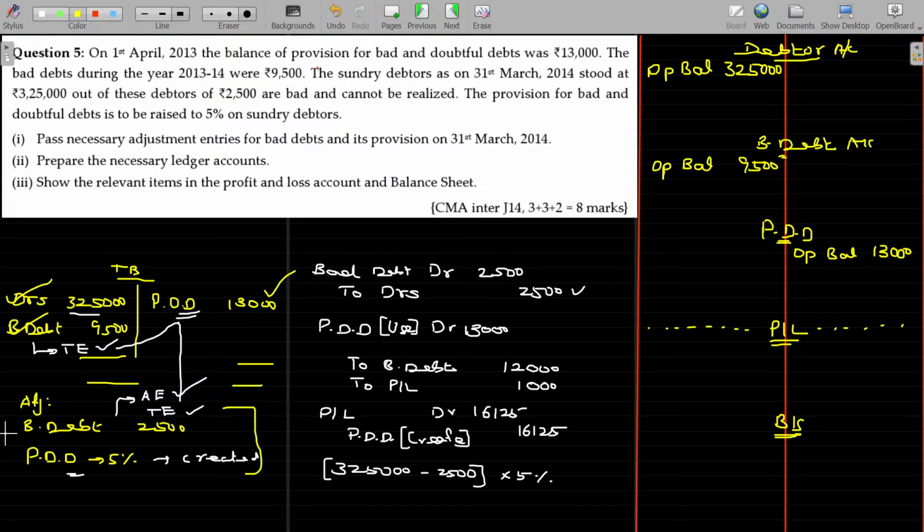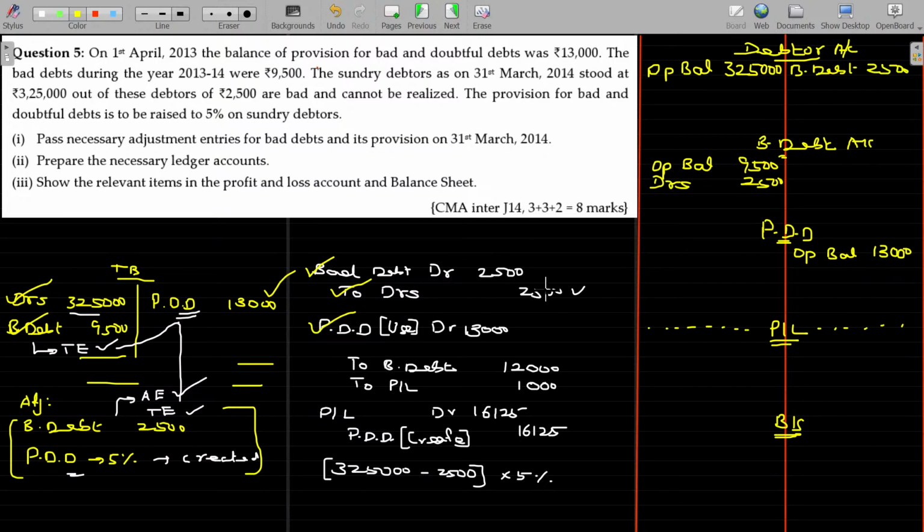Because of these adjustments, we have passed the adjustment entry as well as transfer entry. I am going to incorporate that here. Bad debt. In bad debt, to debtors, this value being 2,500. In debtors, by bad debt, the value being 2,500.